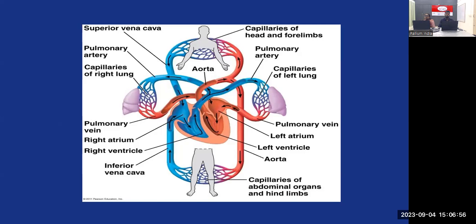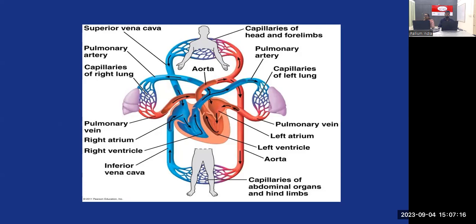This is how the systemic circulation works. Then from the right atrium it goes to the right ventricle. From the right ventricle, with the help of the pulmonary artery, the blood goes to the right and left lungs for purification, because the deoxygenated blood gets purified in the lungs.